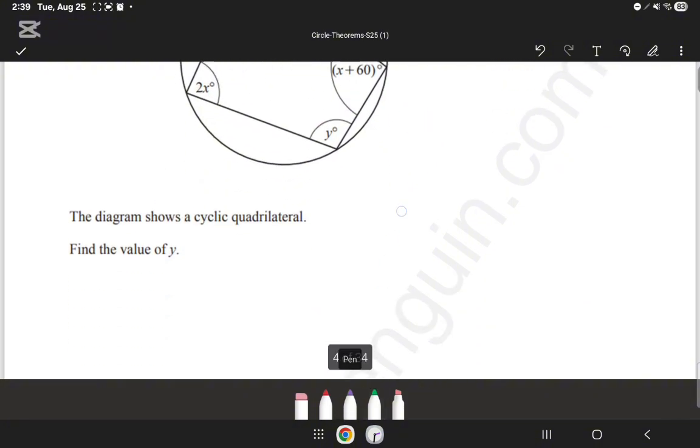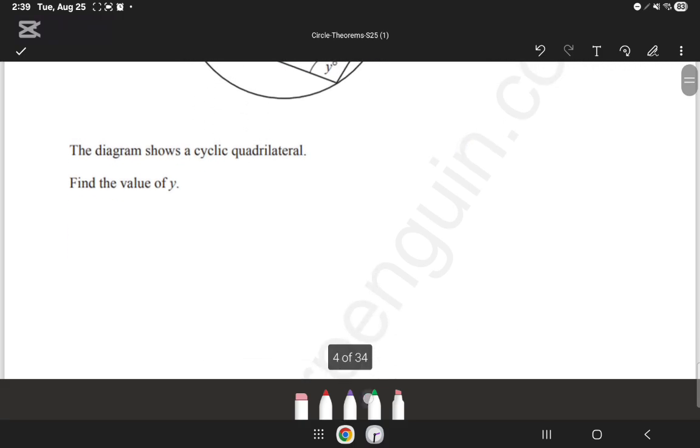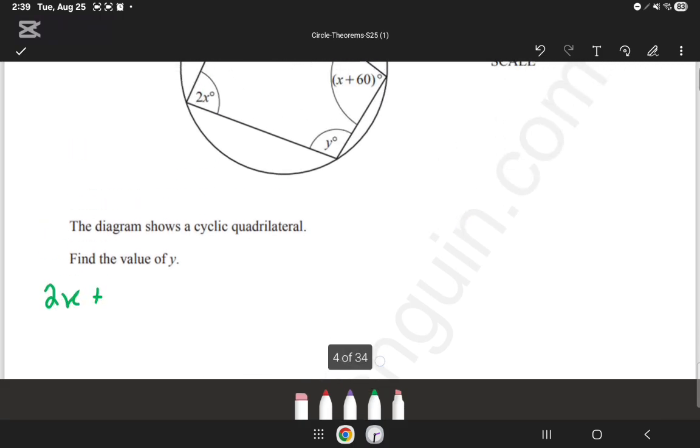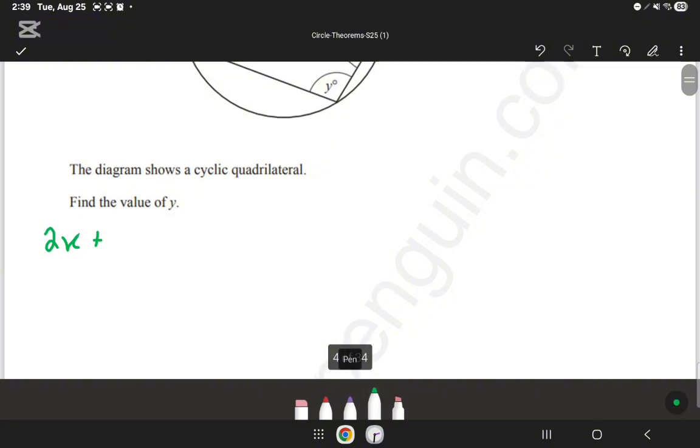So let's write down 2x plus x plus 60 equals 180. Now let's add the like terms.